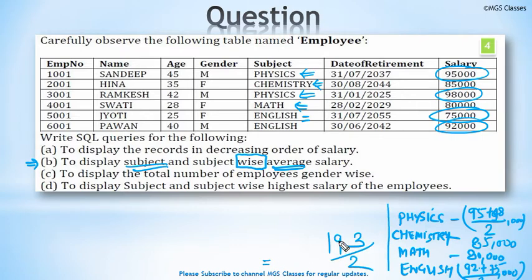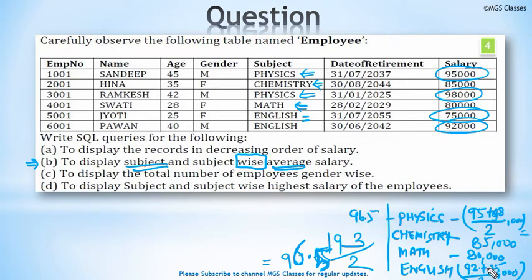You will get 96.5, which will be the average here for physics.